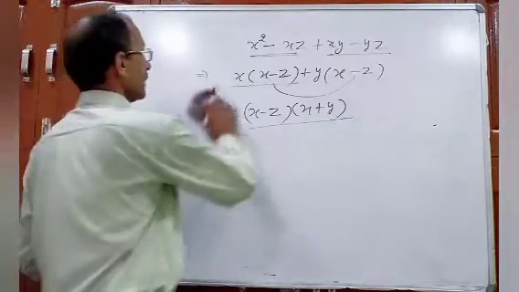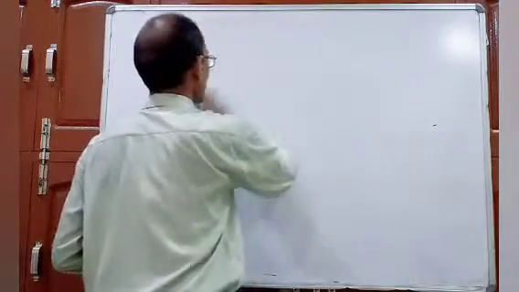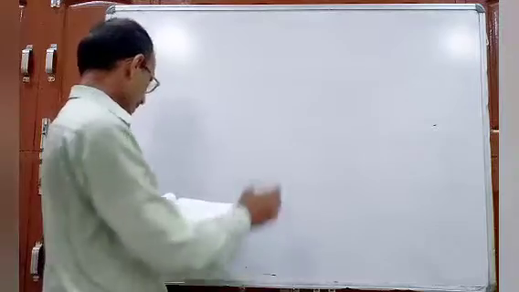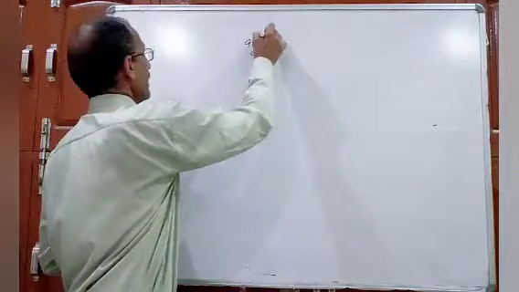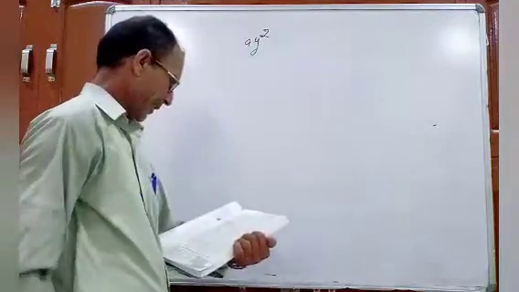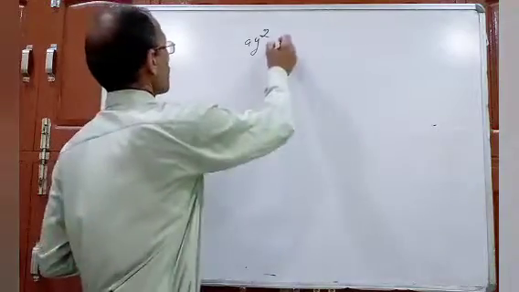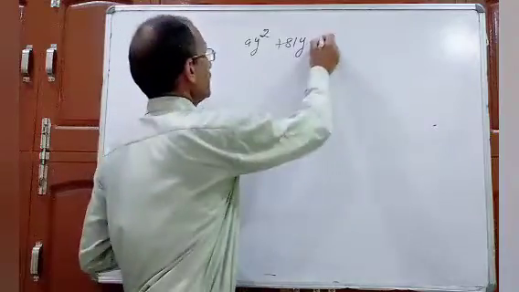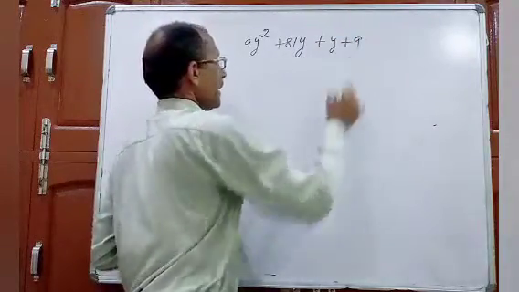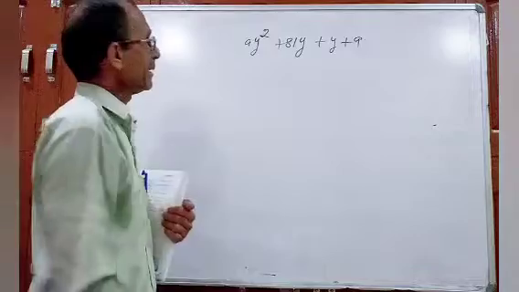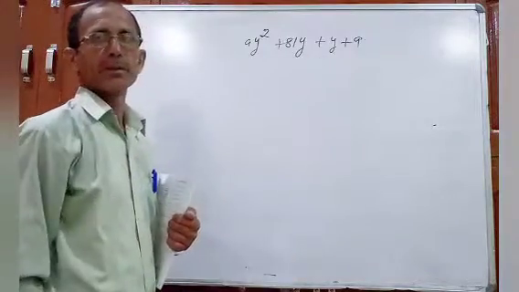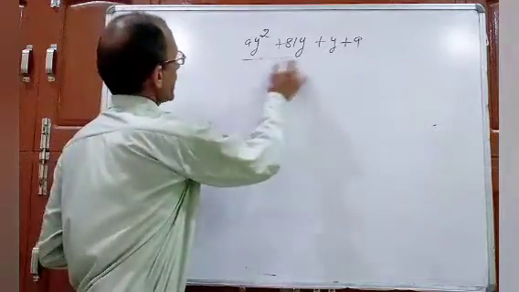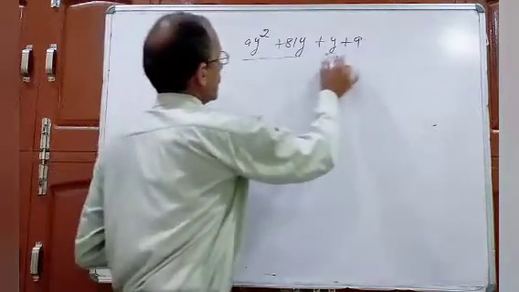Now question number 3 is related to identity, or by taking direct common also you can do. Question number 3, first part: 9y square plus 81y plus y plus 9. There are already 4 terms, so make pairs of 2 terms.